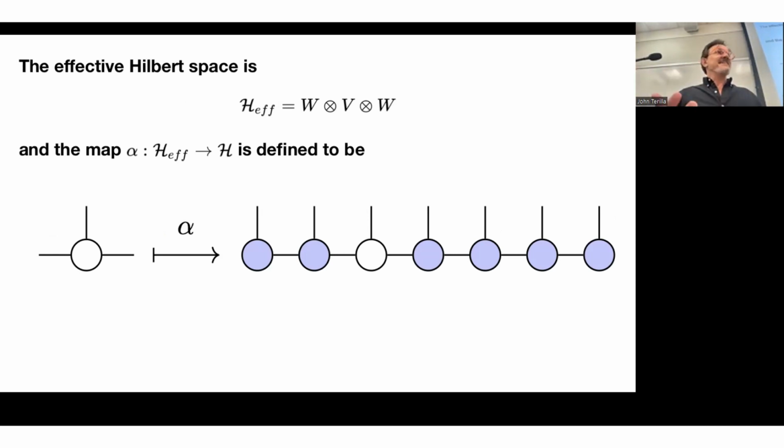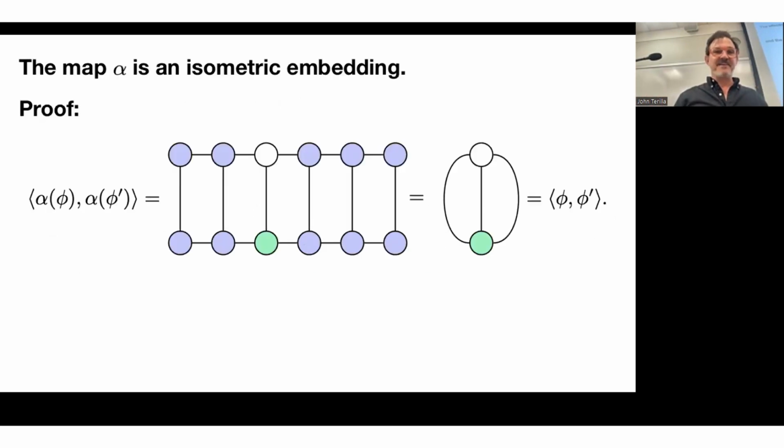Okay, why is this an isometry? It certainly doesn't look like one, but the reason this is an isometric embedding is because of the condition that the MPS was put into gauge canonical form, and I'm replacing that one site where I've pushed everything from the sides into that one site.